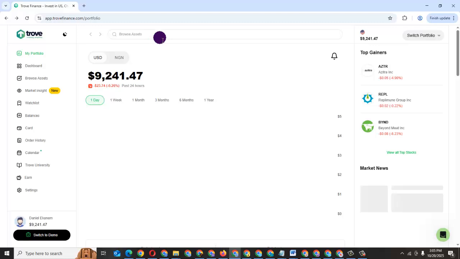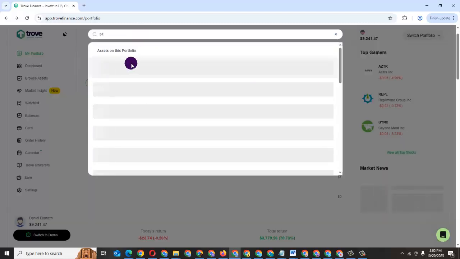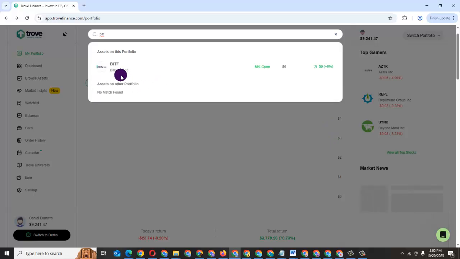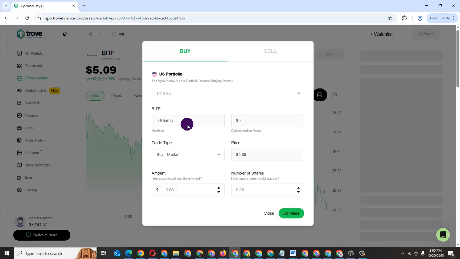For these ones, I already have some investors that are managing their portfolio, so I'm going to be using their account. So this is Bitfarm, and I'm going to buy this Bitfarm. From what I have, this stock is at $4.92, so I think I should be able to buy.